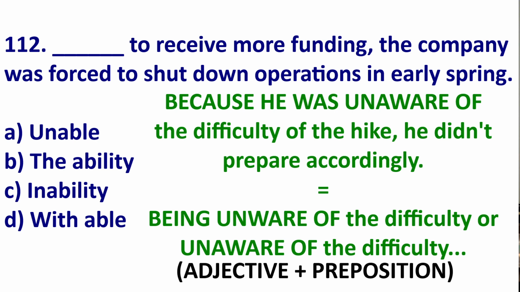So we can take out because, we can take out he, and we can say, being unaware of the difficulty of the hike, he didn't prepare accordingly. But notice we also have adjective, unaware, plus a preposition, of. We can also say, unaware of the difficulty of the hike, he didn't prepare accordingly.